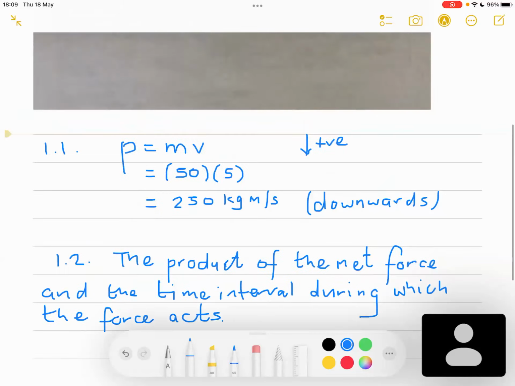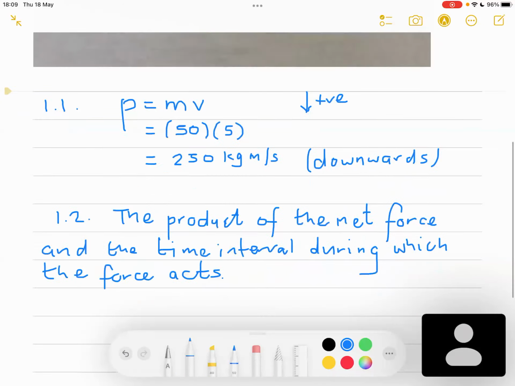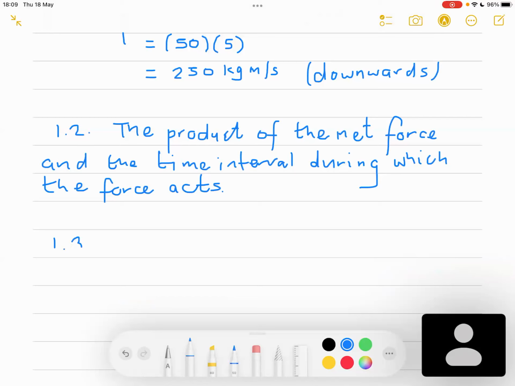Okay, so that's 1.2. 1.3 is calculate the magnitude of the net force acting on the dancer as she lands. Okay, so what's the net force that acts as she lands? For that, we know that the net force multiplied by the time interval is equal to the change in momentum.